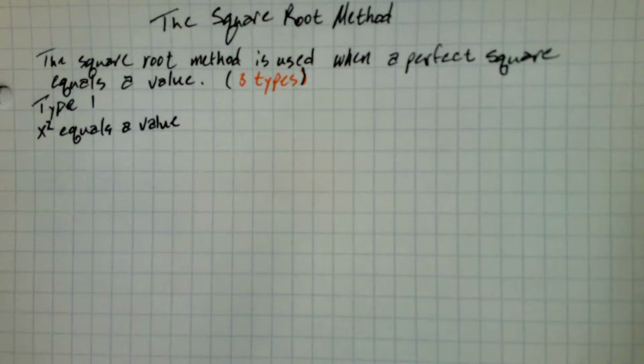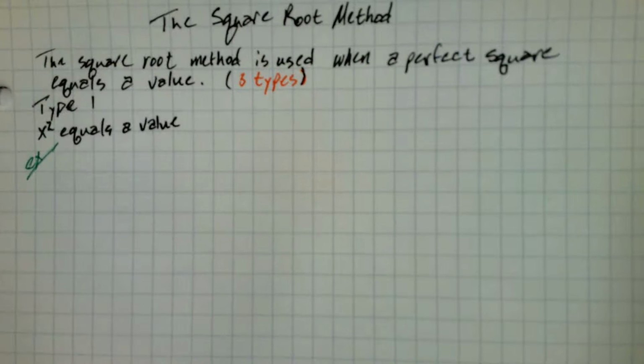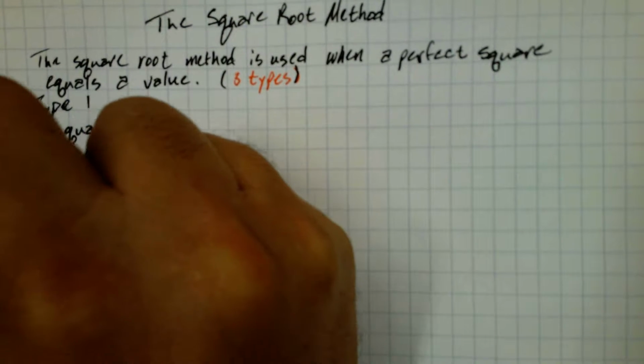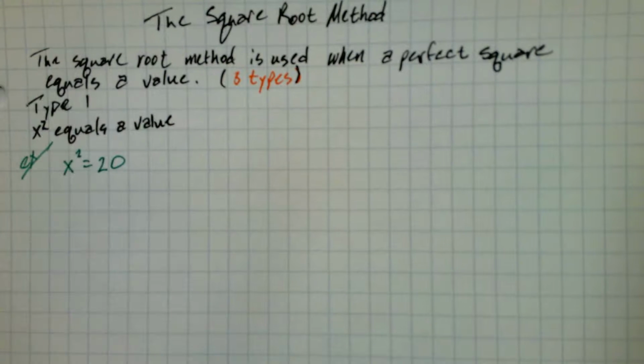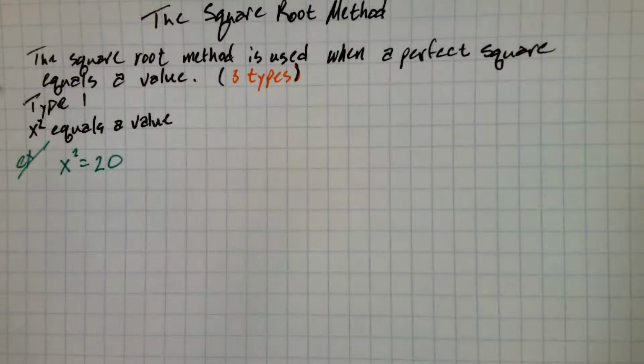Okay, so as an example, let's say something like x squared equals 20. This is the most basic type of quadratic you can have. X squared equals some number, okay? That's type one.